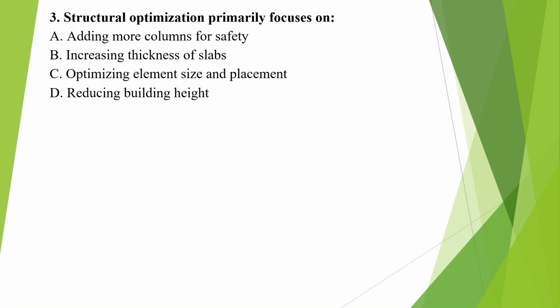That's why the other options, which talked about adding more columns for safety, increasing the thickness of the slab, or reducing the building height, are all incorrect. Structural optimization won't be reducing your building height or increasing the thickness. It will only be focusing on minimizing the material use without compromising the strength of the building. So option C, you have marked it correctly.